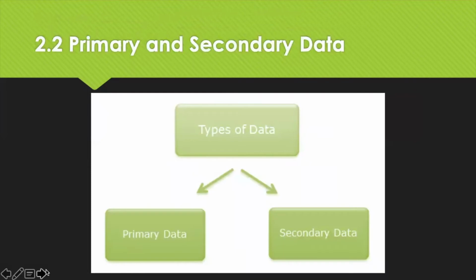But data collection will play a vital role in this analysis. The different methods to gather data all fall into two categories. So it's either primary data or secondary data. And as the name suggests, primary data is collected for the first time, while secondary data is data that's been collected and produced by others.